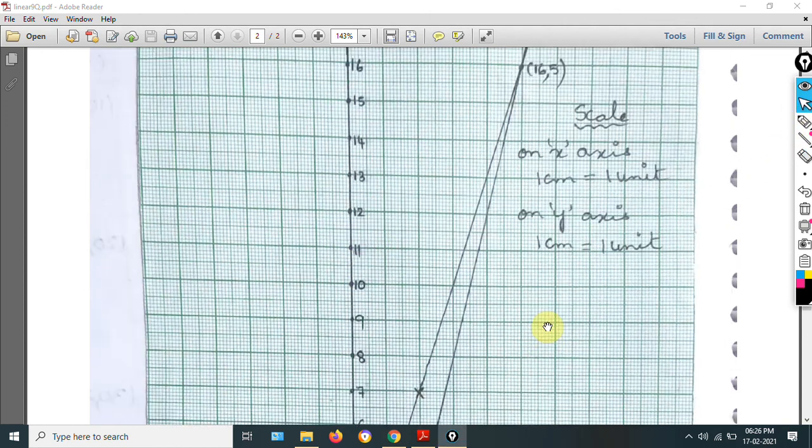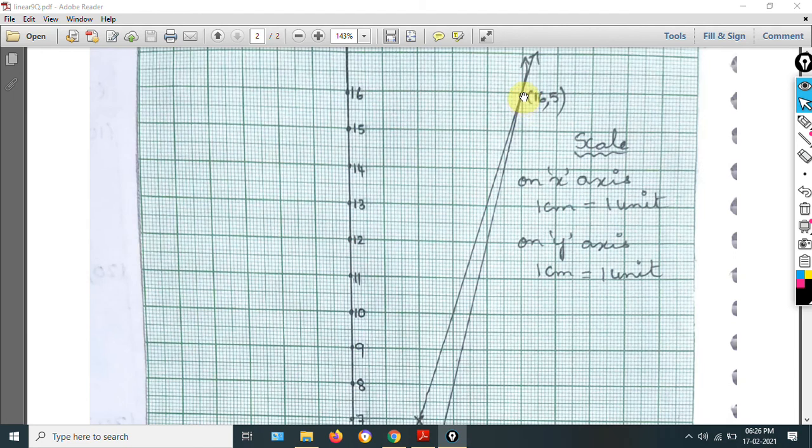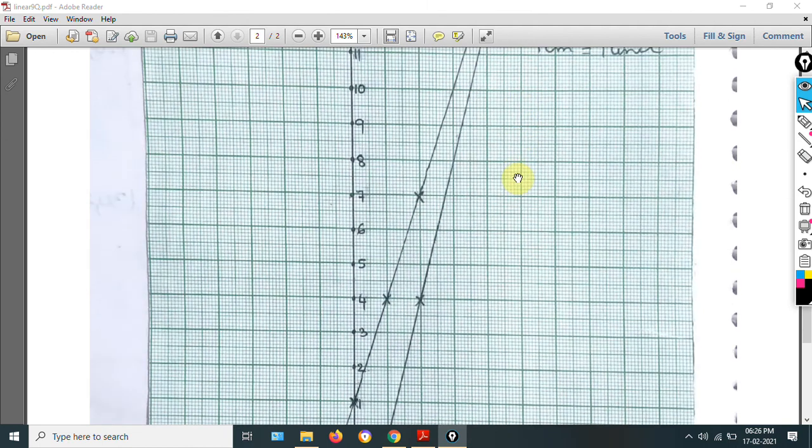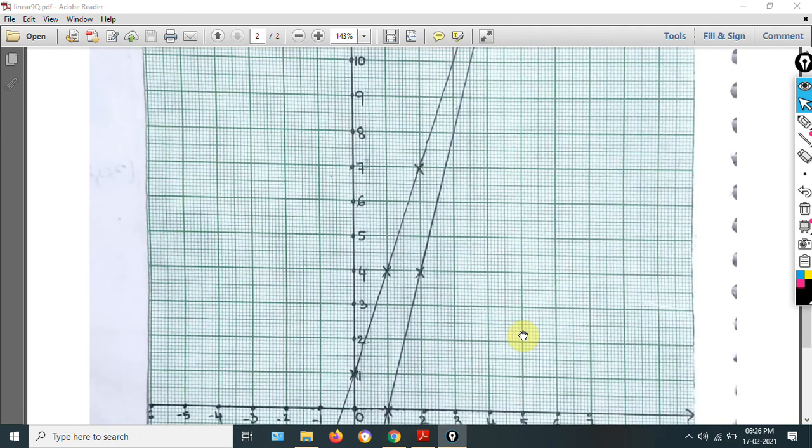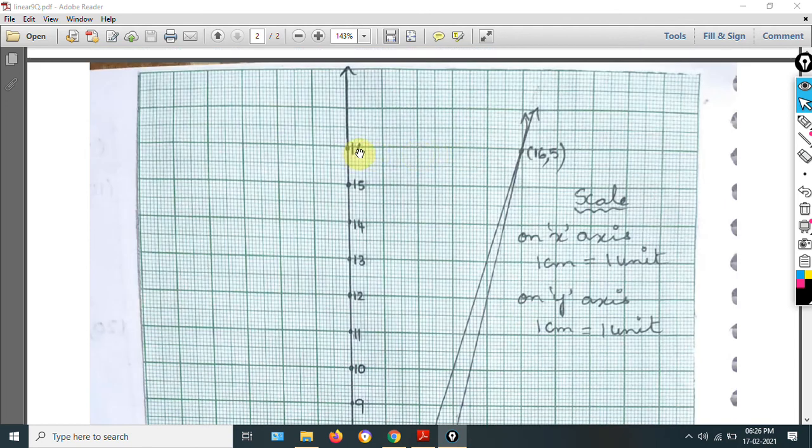So what we are seeing here is both lines are intersecting. What is the point on the x-axis where that point is coming? On the x-axis 5 comma 16. See here, 5 comma 16. We should write here 5 comma 16, where they are intersecting.